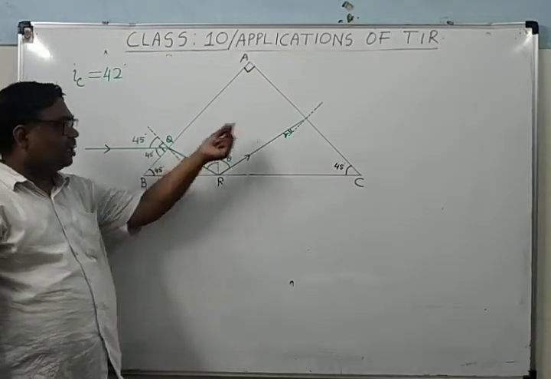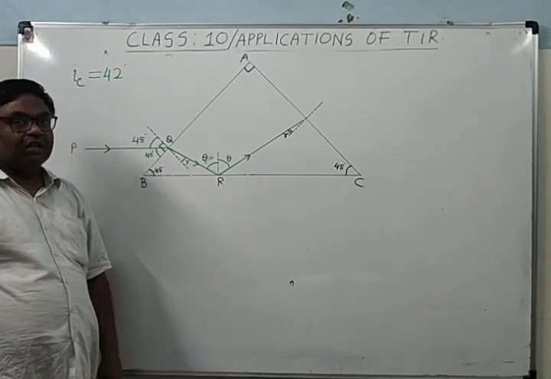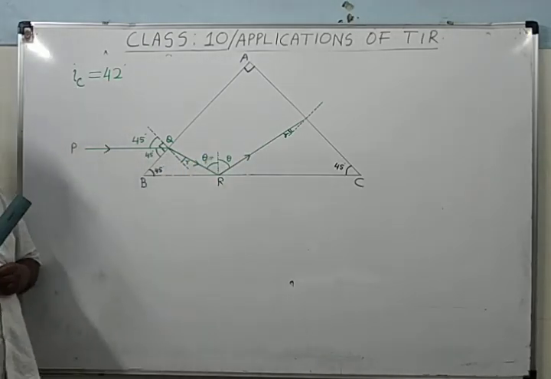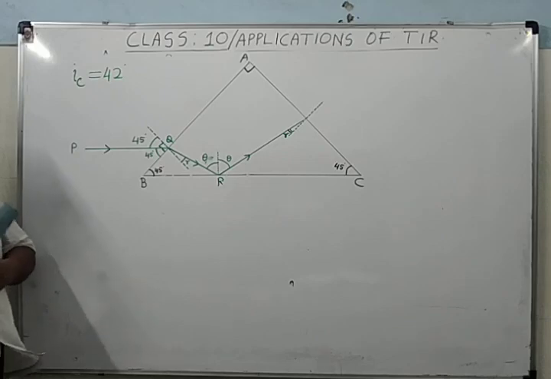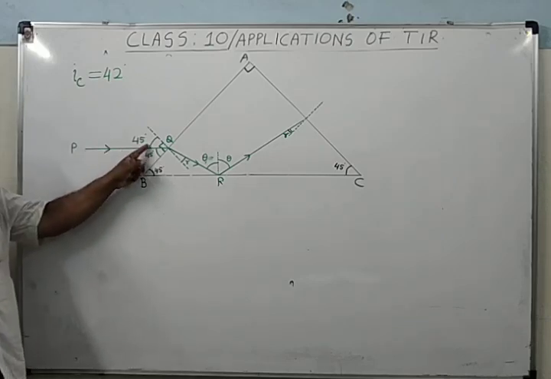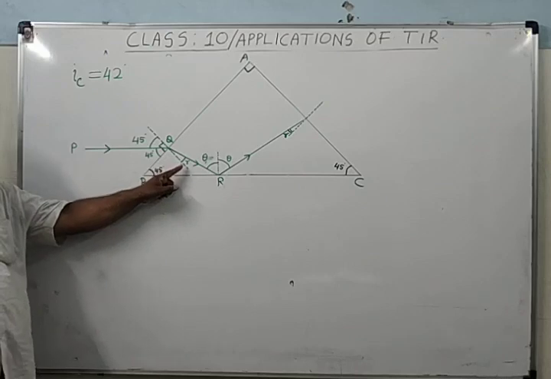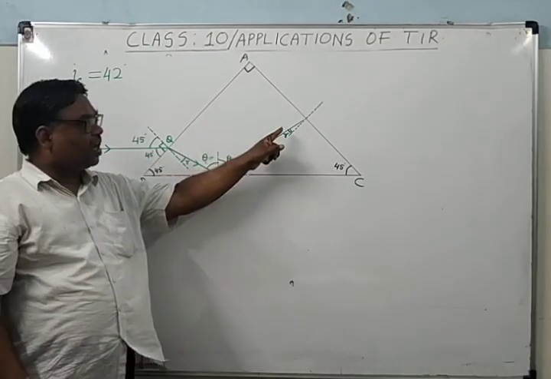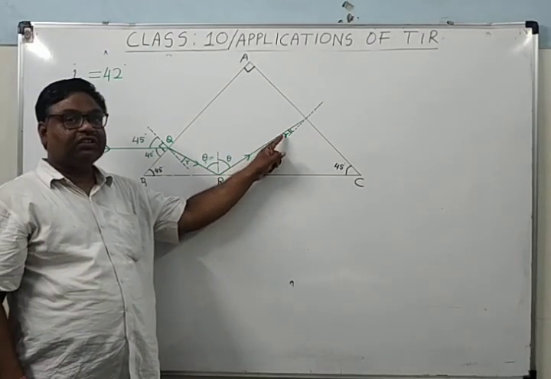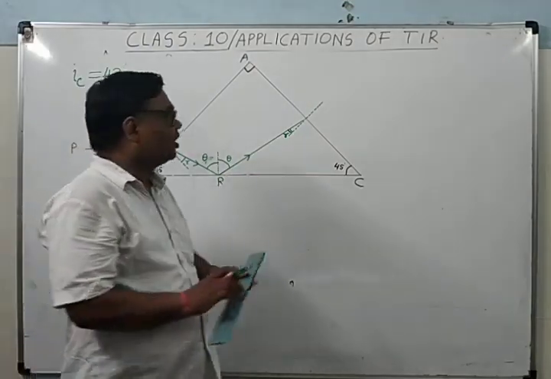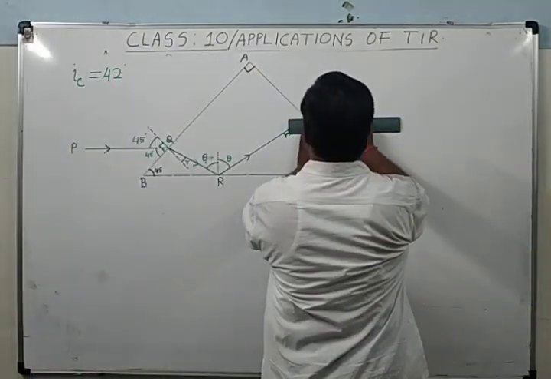So once again the principle of reversibility will apply. Angle of incidence in the rarer medium is 45, angle of refraction in the denser medium is R. Now here what happens? R becomes angle of incidence, so what will be the angle of refraction? It will be 45 degree.